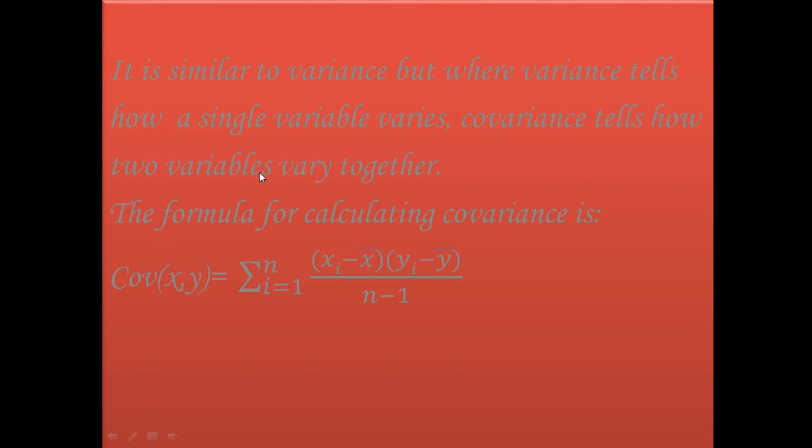This is the difference between variance and covariance. And the formula for calculating the covariance is covariance of x comma y equals summation i equal to 1 till n of (xi minus x bar) into (yi minus y bar) divided by n minus 1. You are not supposed to memorize this formula. The thing which you need to memorize is the definition, the function, and how it will be used in the program.